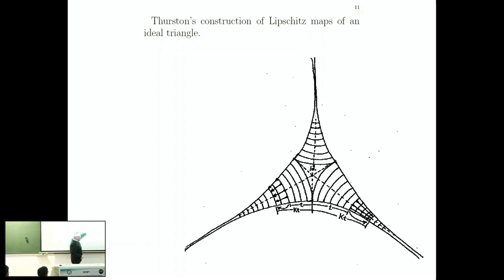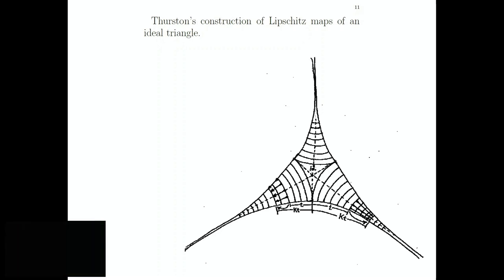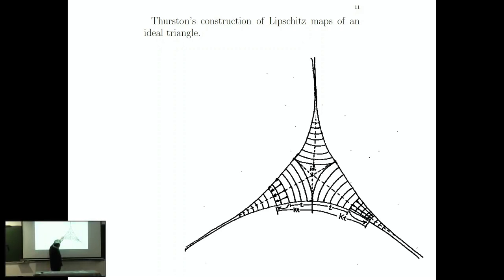So the first one is fixed because k times 0 is 0. The first one is fixed, but this one here at some positive distance t is taken to this one, and so on. So this tells me where I send each piece of horocycle, and then I make the map.